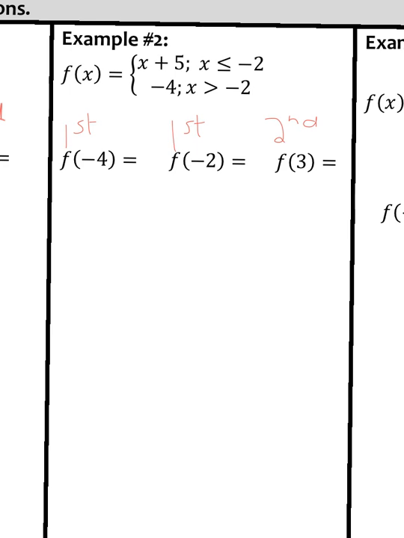So I have my f of negative 4, so it's negative 4 plus 5. f of negative 4, the answer for that is 1.